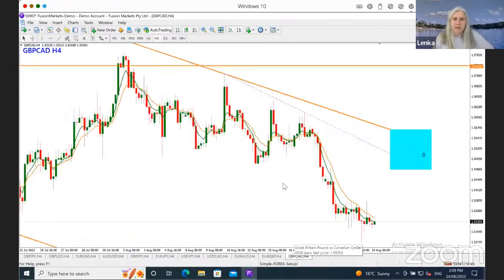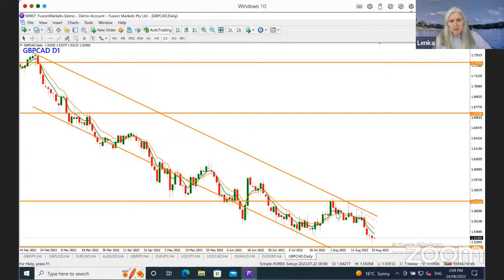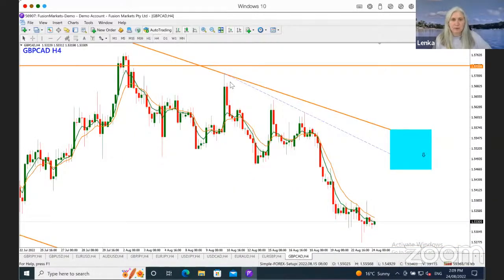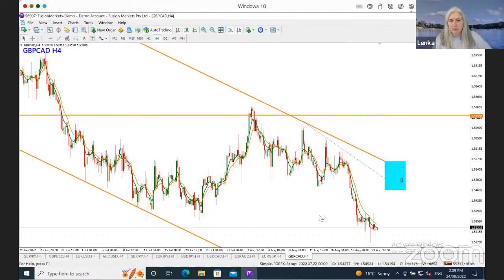And the last currency pair that I'm looking at is GBP CAD, and I'm looking for short. So here in this downtrend, I'm looking for the price to pull up, a bit of a pullback before looking for the reversal. Again, where it's at, it's already below the previous lows.